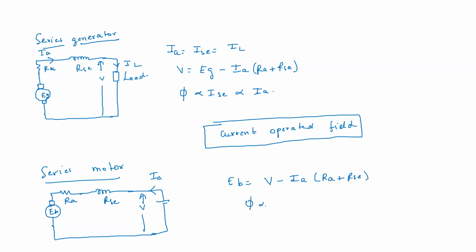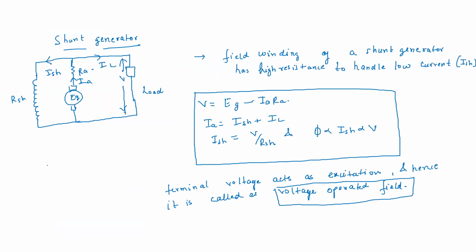And here also the flux is proportional to I series, which is proportional to I. The KVL changes in the case of a motor because the current direction changes. So the applied voltage V is more than the back EMF EB.